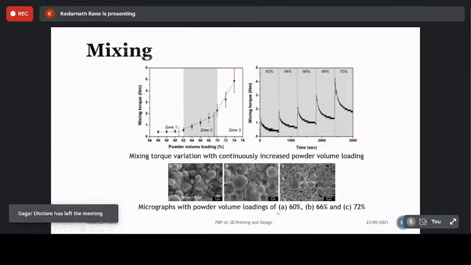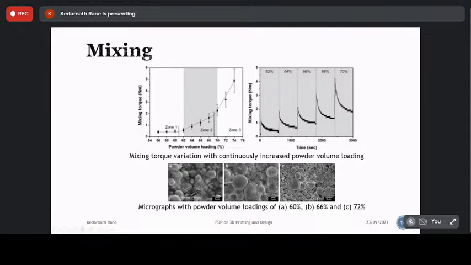You can see here at 60%, you have a lot of polymers surrounded by the metal powders. It is favorable in terms of flowability, but not favorable in terms of sinterability of the process. At 66% it is okay; in between, we can say it is an optimal composition of binder and metal powder.